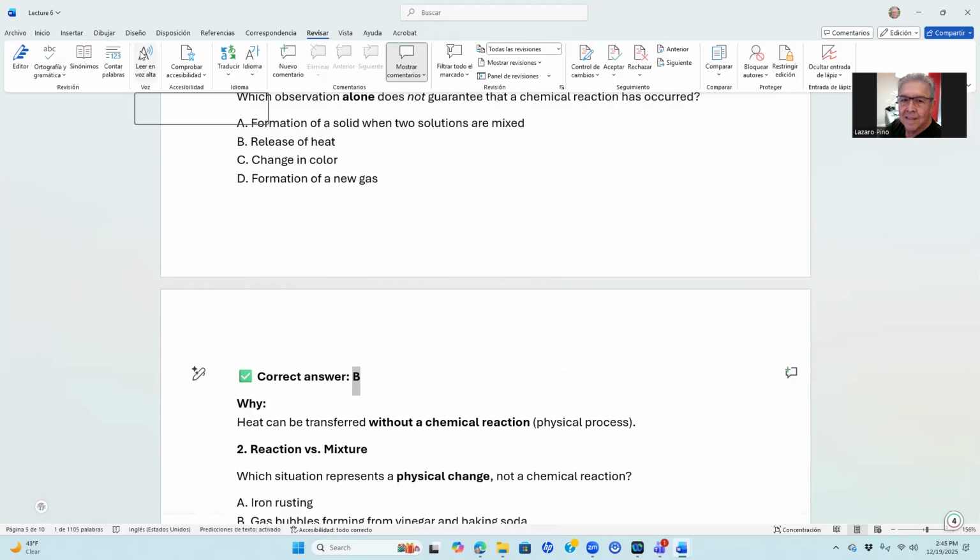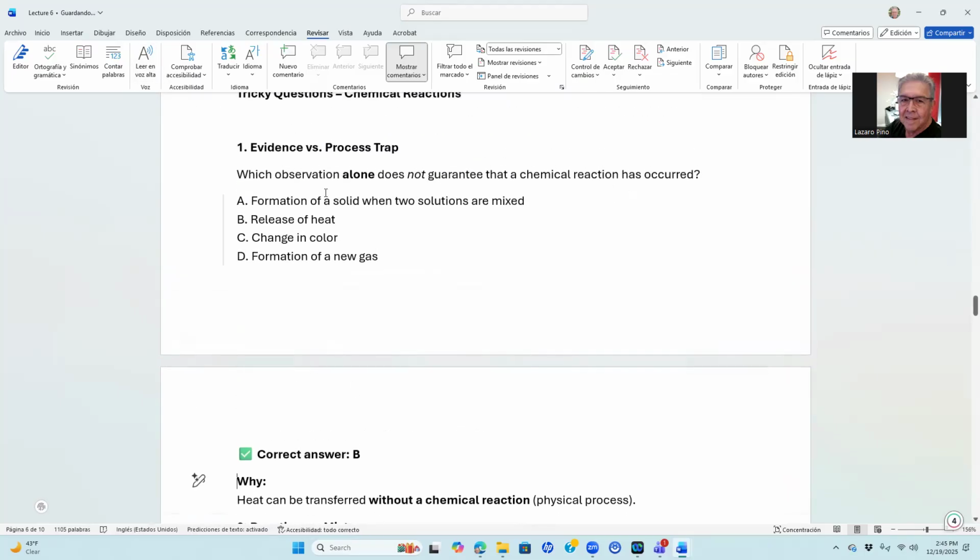Okay, then here, which observation alone does not guarantee that the chemical reaction has occurred? Formation of a solid when 2 solutions are mixed? Not necessarily. Release of heat? No, not necessarily. Change in color.